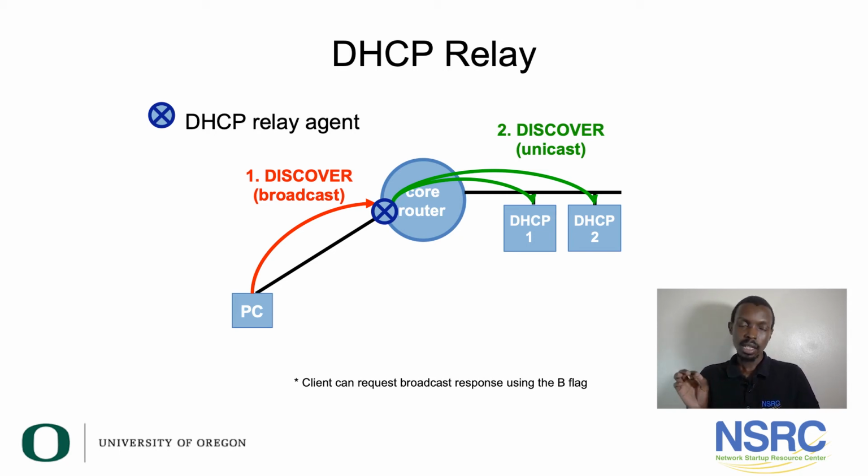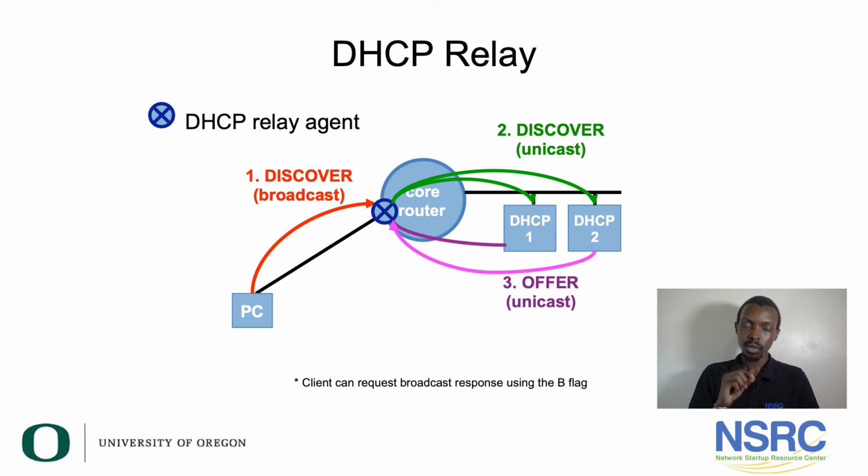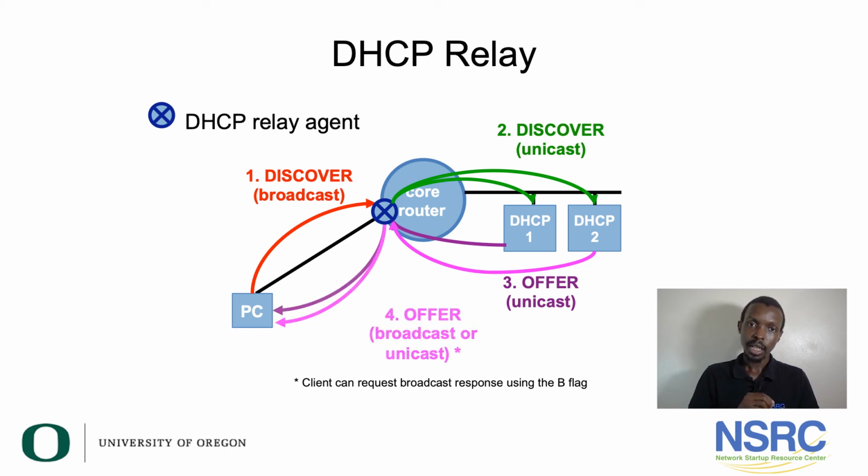So the DHCP servers look at the source of the unicast packet they've received, and they know which pool to allocate the address space out of. So the DHCP servers will unicast offers to the relay agent because they know the source, they know the IP address to send it to, and the relay agent will either send the offers as broadcast or send them as unicast.